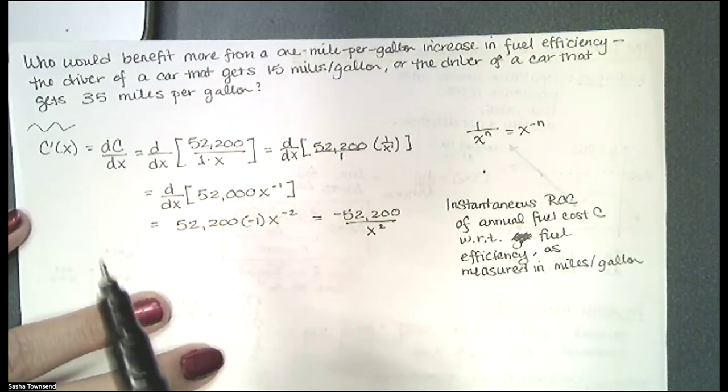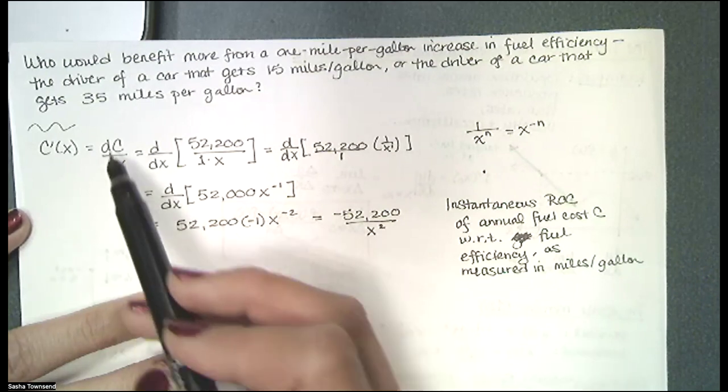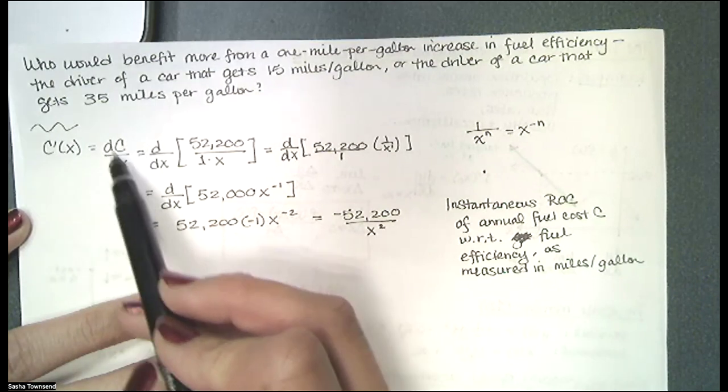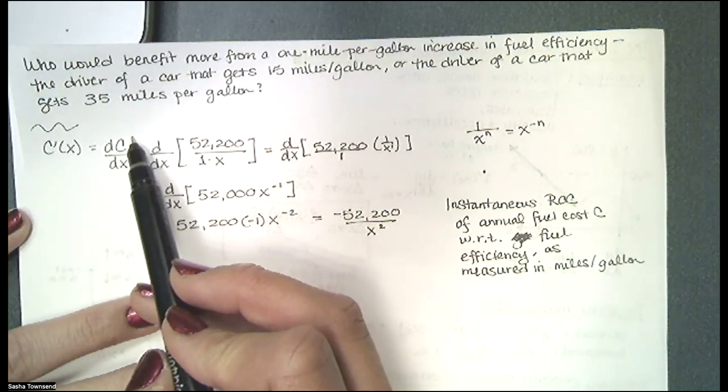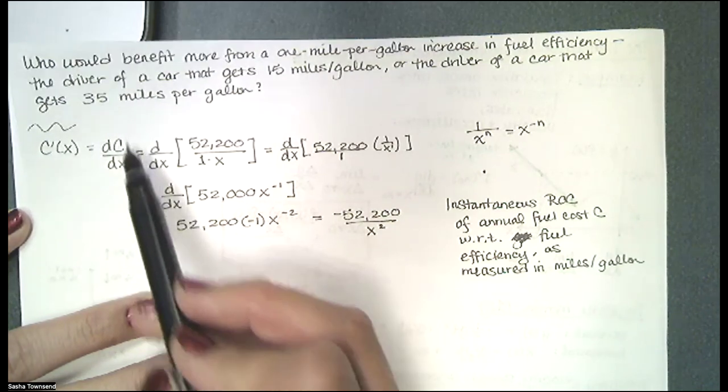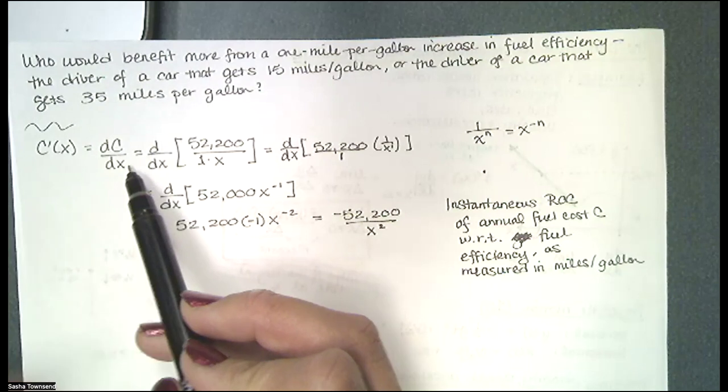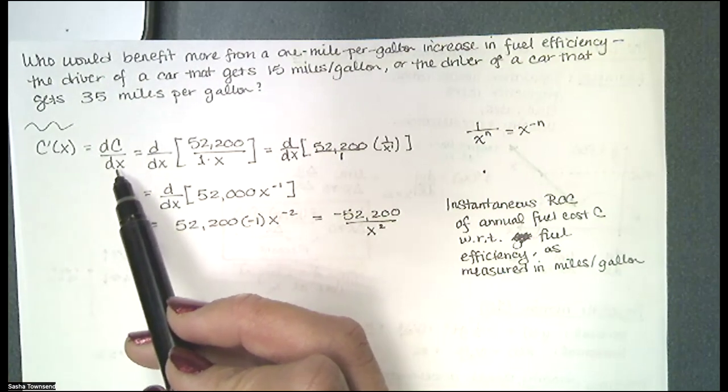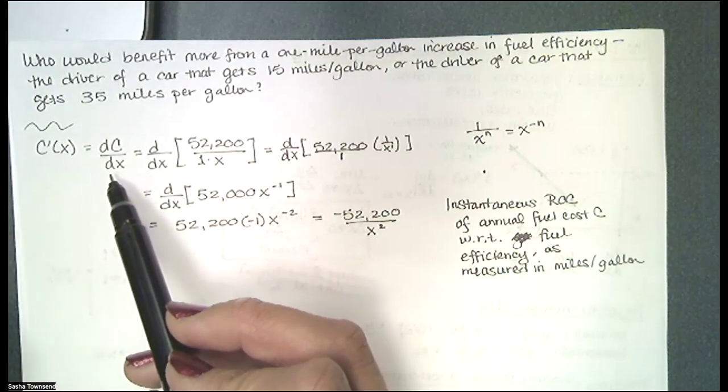Now, this is the instantaneous rate of change of this particular function. And if I want to think about what that means, this is the instantaneous rate of change of annual fuel cost in dollars per year with respect to x. That's our fuel efficiency, our gas mileage, in miles per gallon.